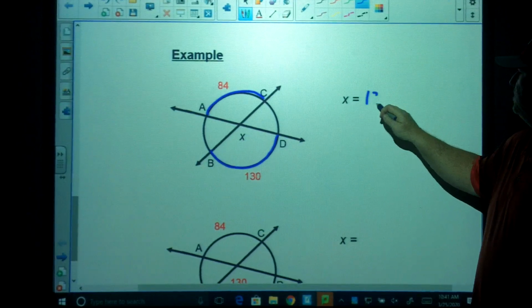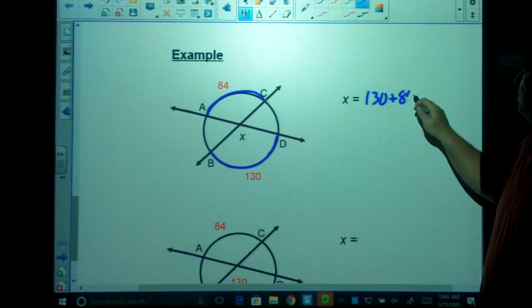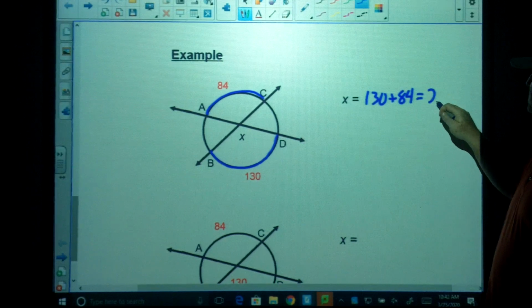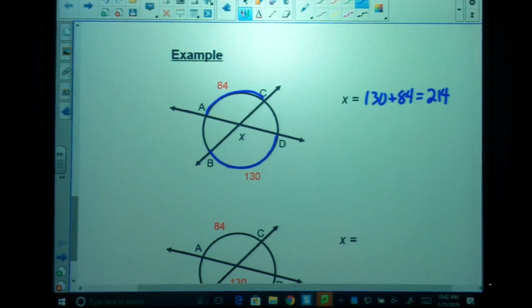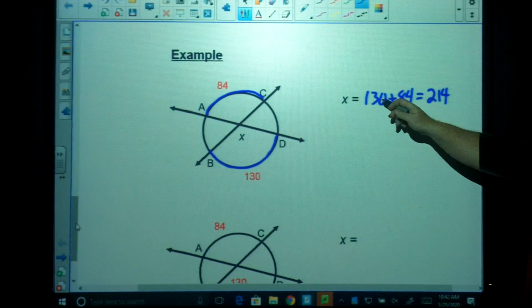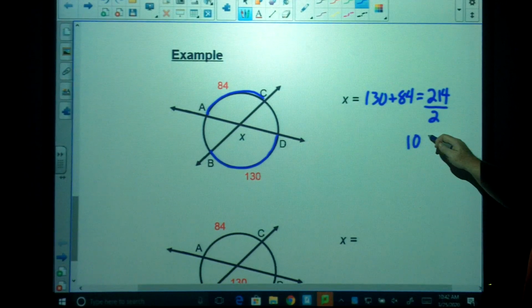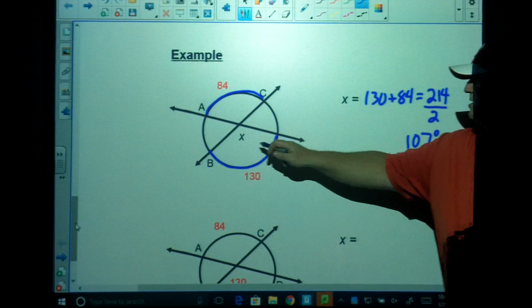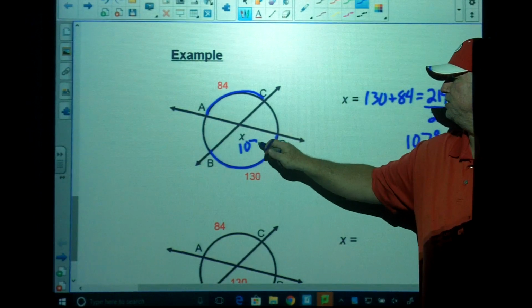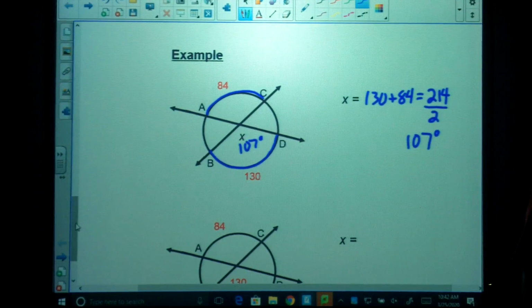So you've got 130 plus 84, which gives me 214. Then you divide by 2, so you get 107 degrees. That would be the measure of that angle inside.